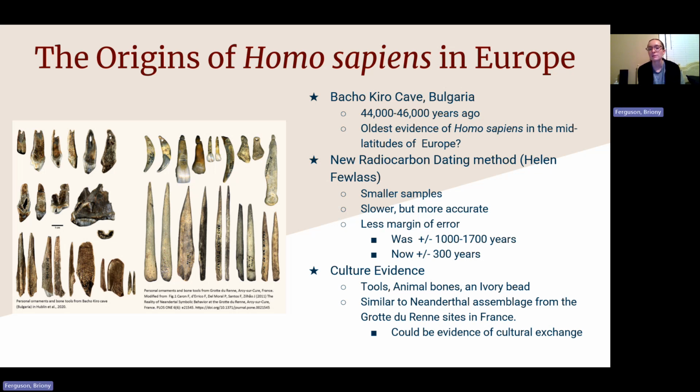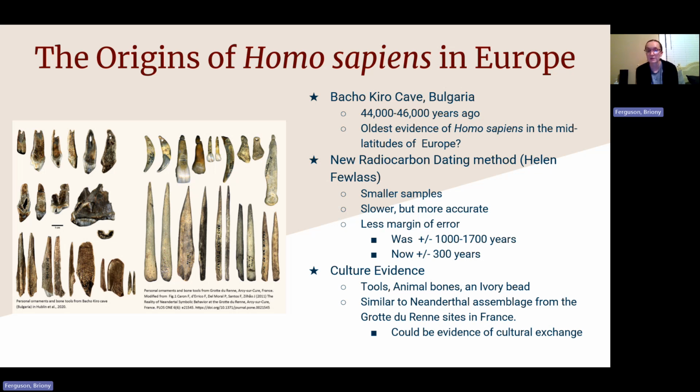Now, because this is a fairly new study, it hasn't been peer-reviewed as much or subjected to a lot of testing. But during the testing for the site, they used a new radiocarbon dating method developed by Helen Fules.